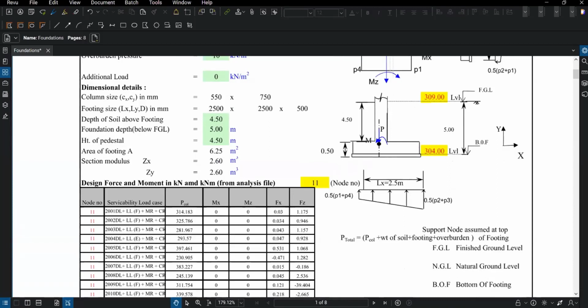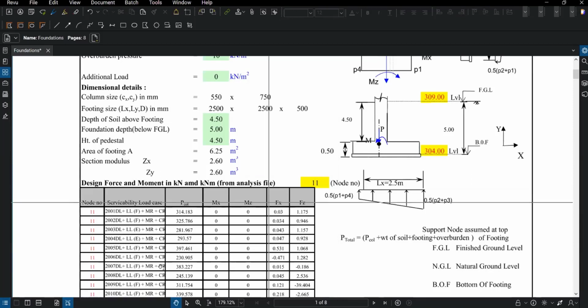All right, a steel structure is generally designed for pin jointed connections, and a pin jointed connection yields vertical load and two-directional shear forces.